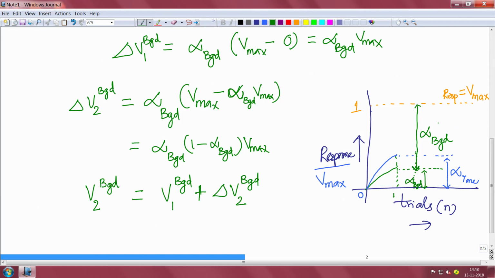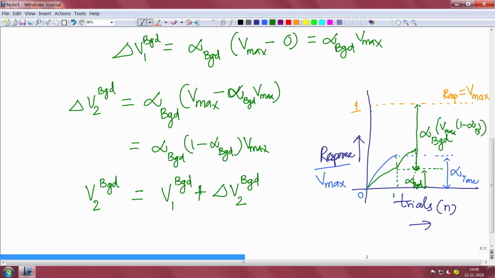So, alpha background times, just for brevity I will write it as V max times 1 minus alpha b. So, it is going to increase its response by that much. Given the fractions here, you would expect it to go a little bit above or maybe equal to the blue line.